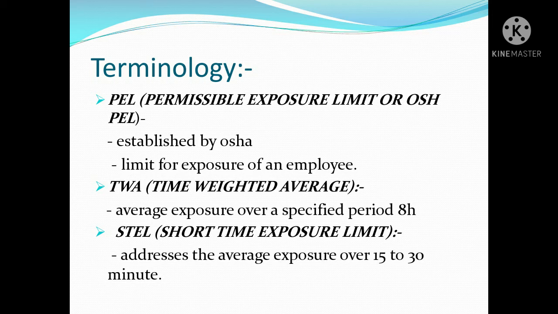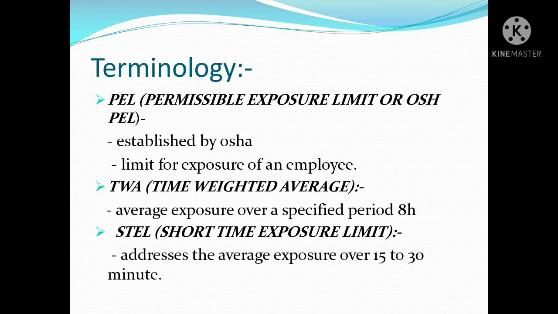It is a legal limit for exposure of an employee to a chemical substance or physical agent. The second term is TWA, time weighted average. It is the average exposure over a specified period of time, usually 8 hours of exposure.